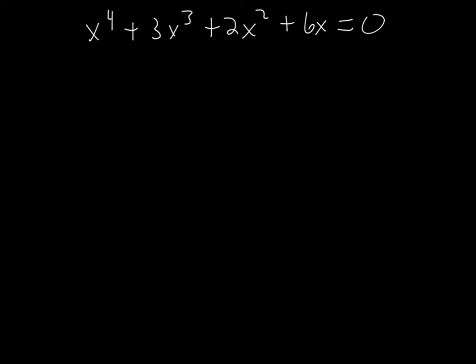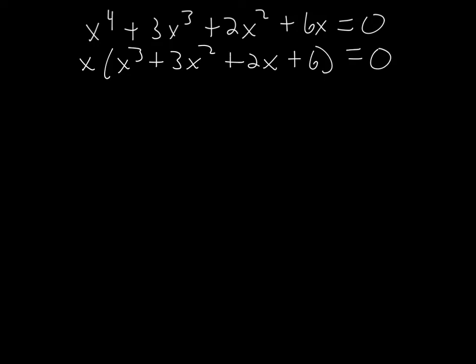Step 1. Notice that there's an x in everything. Whenever there's common stuff in all parts of the equation, then we're going to want to factor that out, GCF. So the first thing we're going to do is just go x times (x cubed plus 3x squared plus 2x plus 6) equals 0.